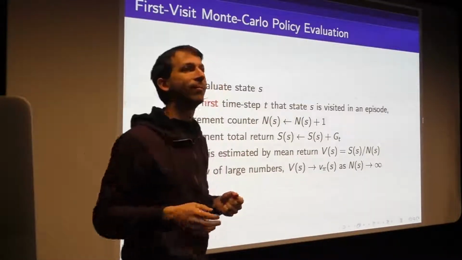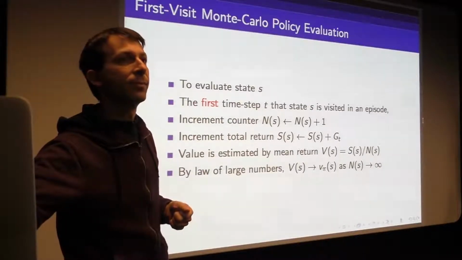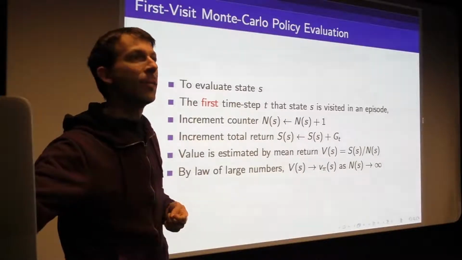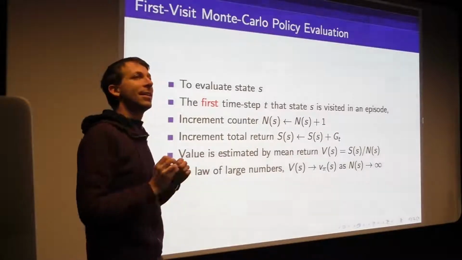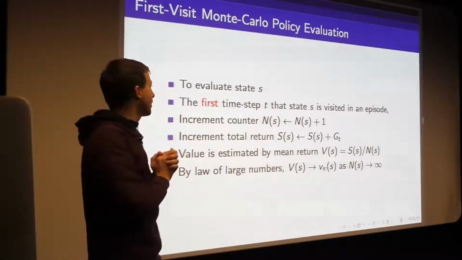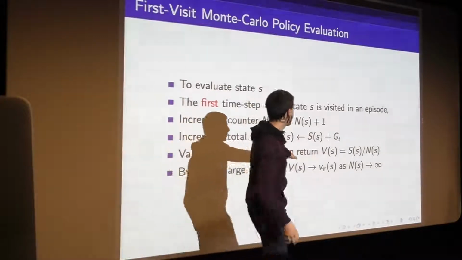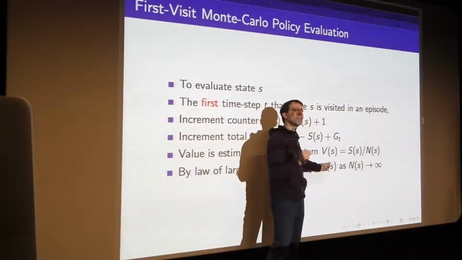Okay, yeah. If the state space is really large, doesn't the number of episodes you need to run go up exponentially? No. First of all, we can ask how quickly the law of large numbers approaches the mean, and that's the central limit theorem.